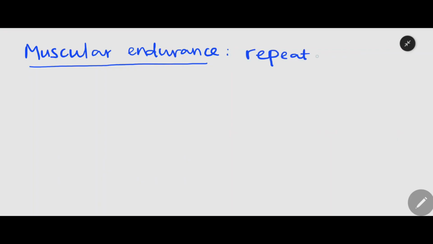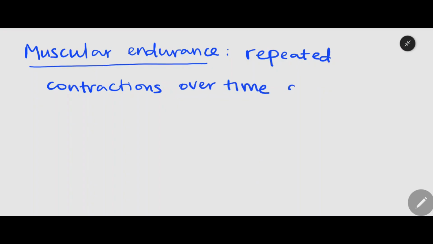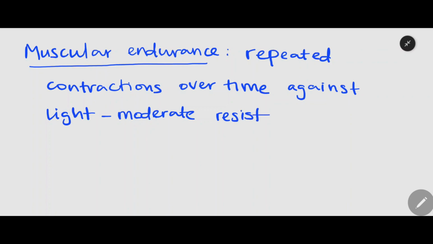Muscular endurance refers to repeated contractions over time against light to moderate resistance.